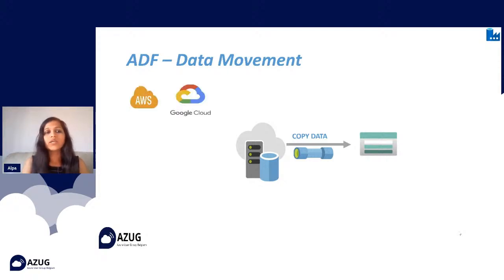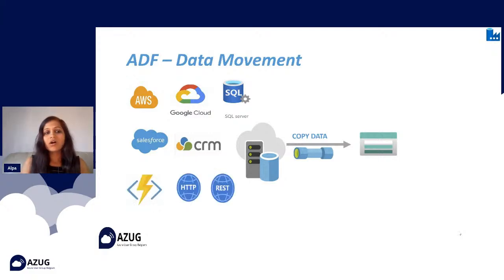For example, other cloud services such as AWS and Google Cloud, on-premise systems such as SQL Server and Oracle Database, Salesforce CRM 365, serverless or custom activities like Azure Function, HTTP call, web call, or REST API, and SFTP. So there are many sources available, and these are a few of them you can use to move data from one data source to another.